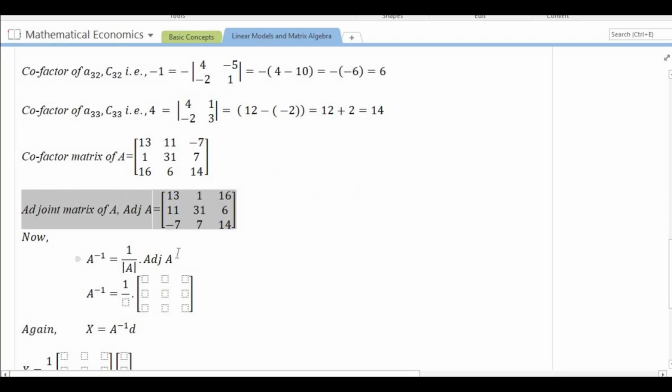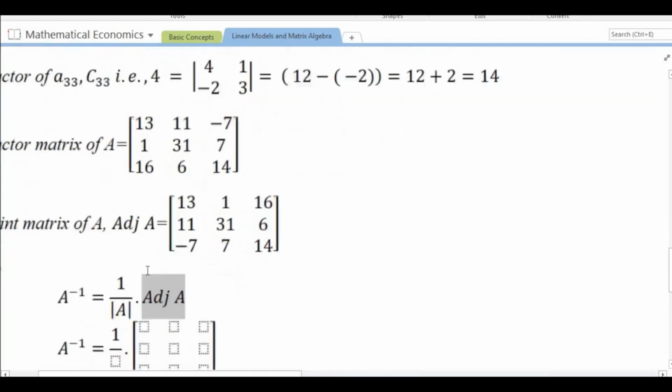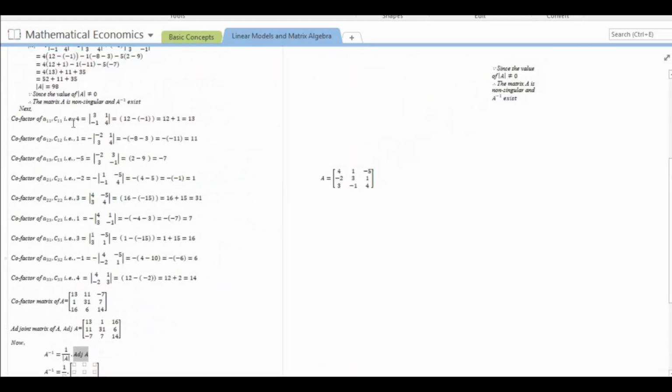The final step involves substituting the determinant in the given formula for A inverse and also the adjoint matrix A. So the determinant which we got is 98.